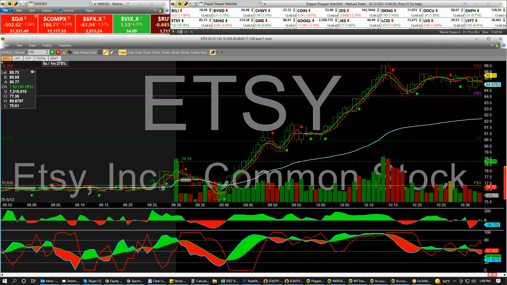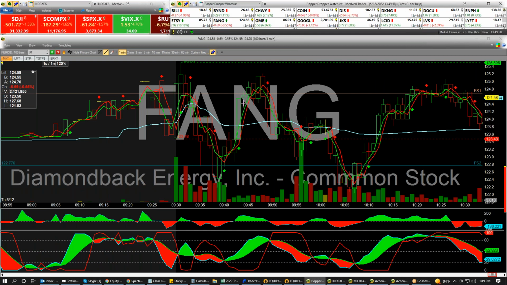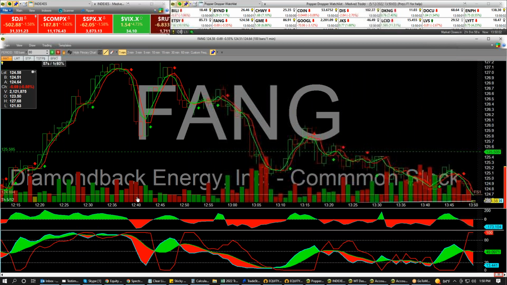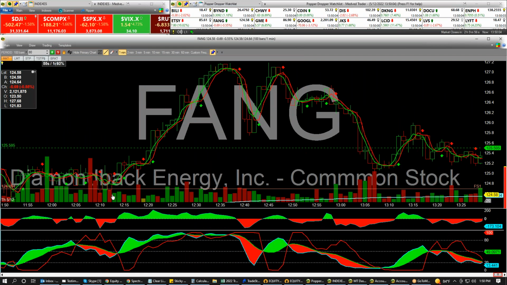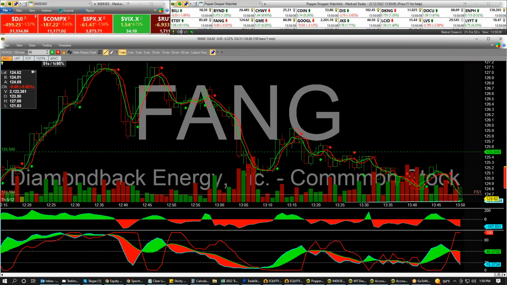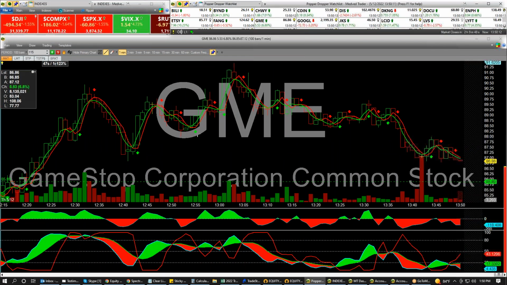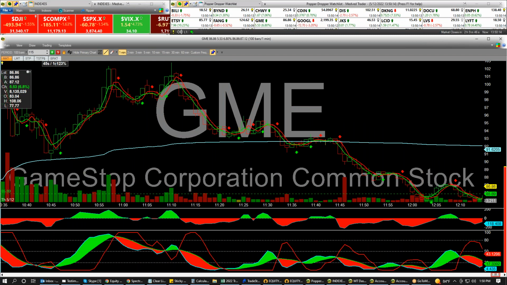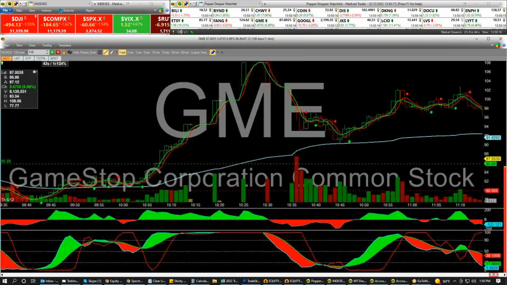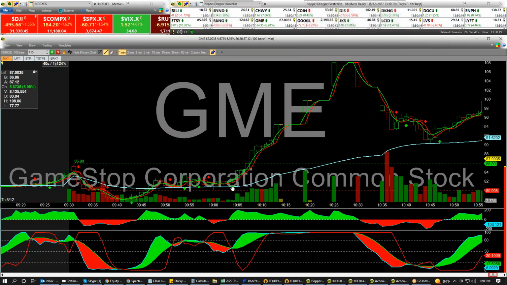That's what you really want to try to get on, when they line up and then just accelerate. I think GameStop did that this morning as well. Right here. Up arrow, green, green, and then the thing just took off.